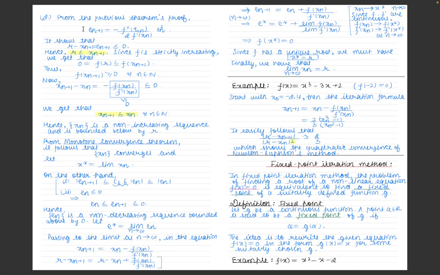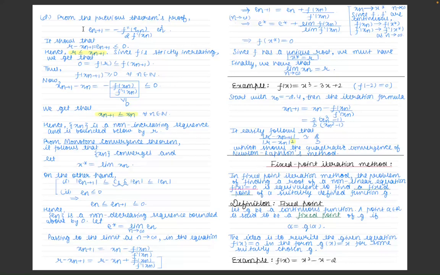We have already proved that xn is a convergent sequence and we have assumed its limit to be x star, and since f and f prime are continuous, because f is assumed to be a C2R function, we must have that f of xn converges to f of x star and f prime xn converges to f prime x star as n goes to infinity. So this gives us that f x star is 0.